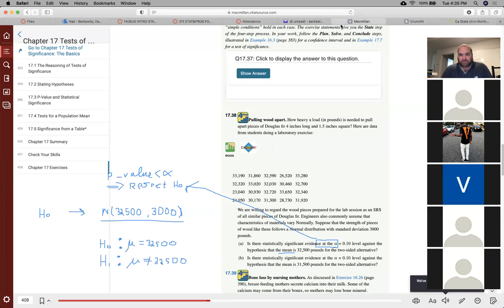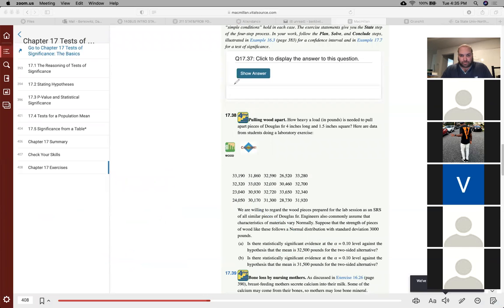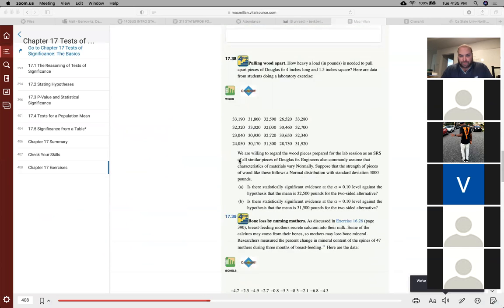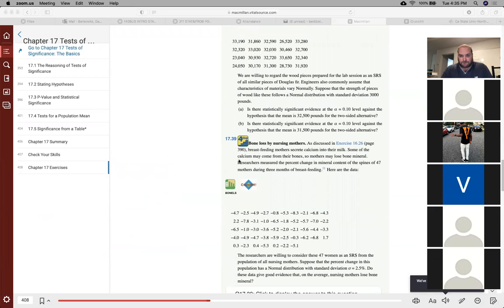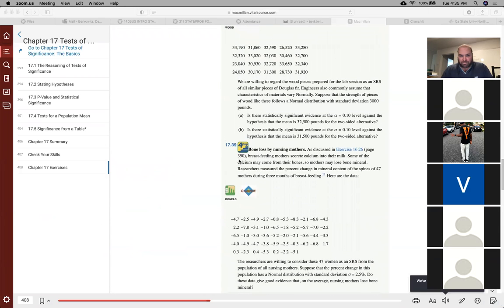So let's do another one. Let's look at 39. Bone loss by nursing mothers. As discussed in exercise 16.26, breastfeeding mothers secrete calcium into their milk. Some of the calcium may come from their bones. Some mothers may lose bone mineral. Researchers measured the percent change in mineral content of the spines of 47 mothers during 3 months of breastfeeding.